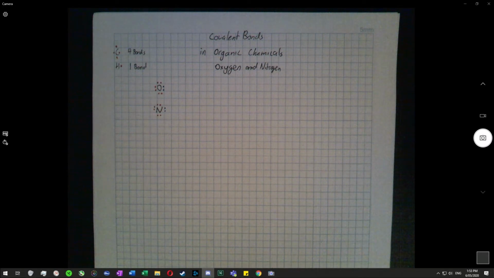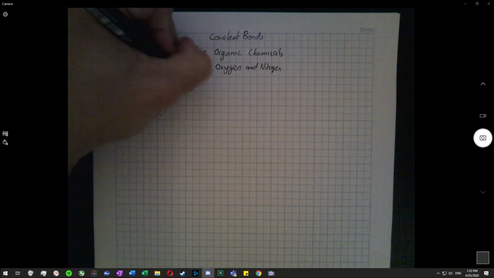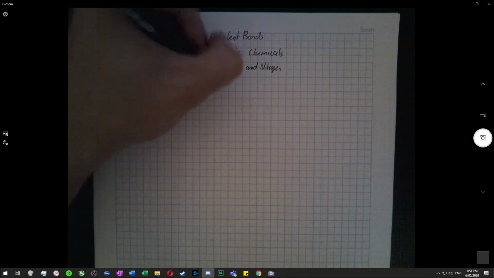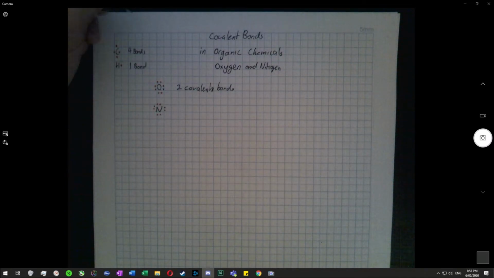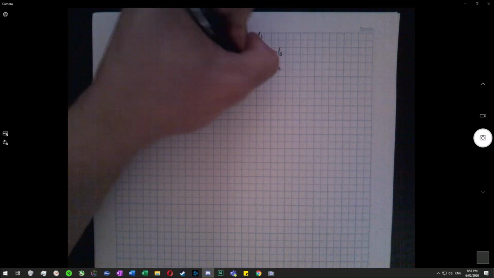Now, the way that we get these electrons in pretty much all of these organic interactions, the way that we gain and lose them when we're forming our molecules to begin with, is we form covalent bonds. So with the oxygen, what we want to do is form 2 covalent bonds, and that will make 8 electrons in the outer shell.